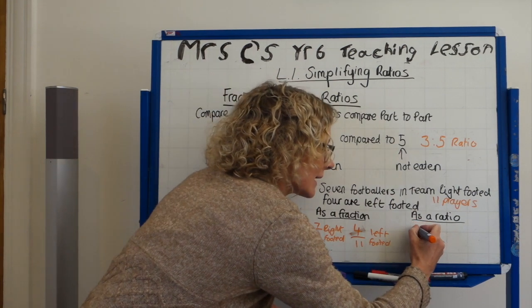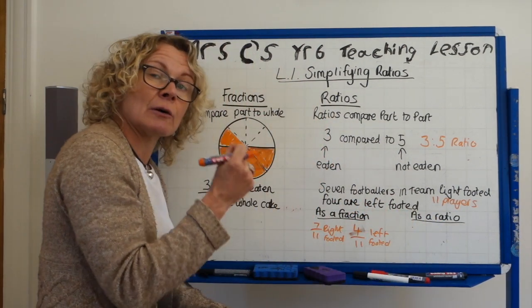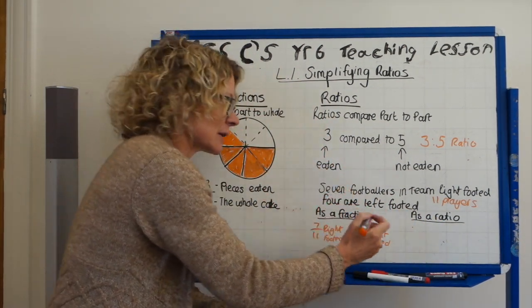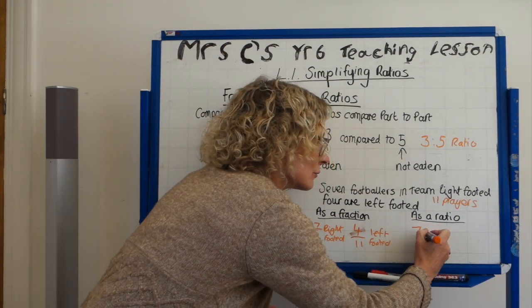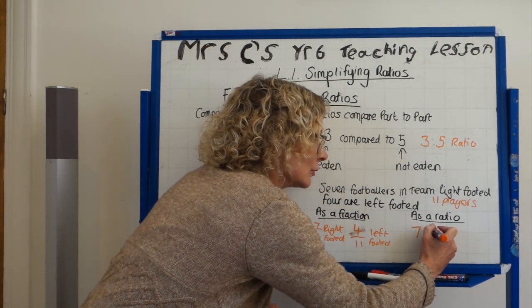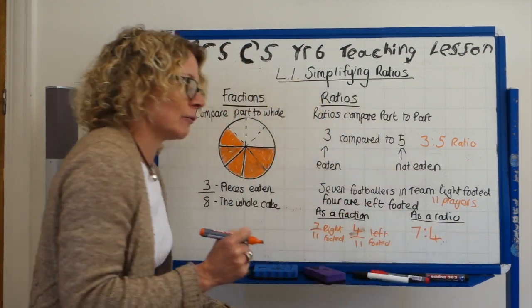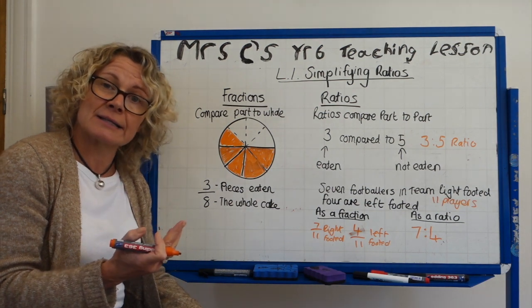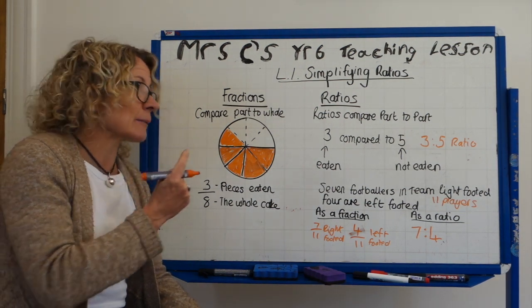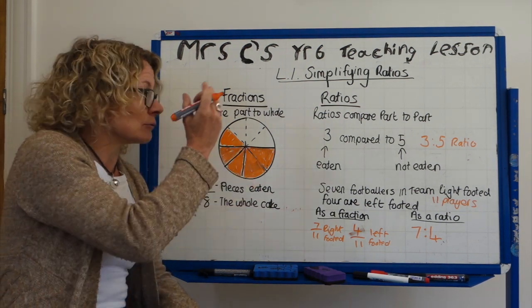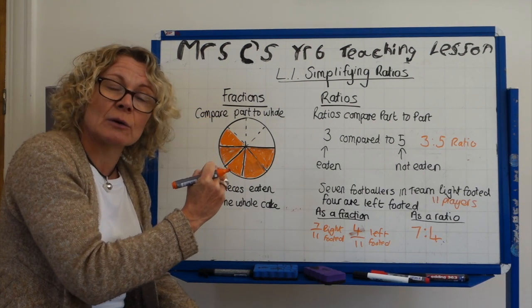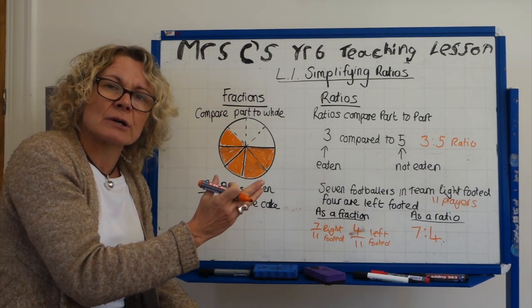So we're saying the ratio of right-footed to left-footed. So we would write 7 right-footed, colon, 4. For every 7 right-footed, there are 4 left-footed. Get it? Right, I am going to rub off and write a couple of questions that I'm going to go through with you. Then we will set some questions for you to do for tomorrow.